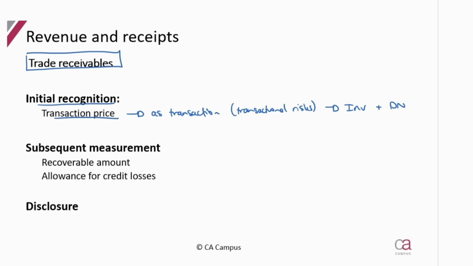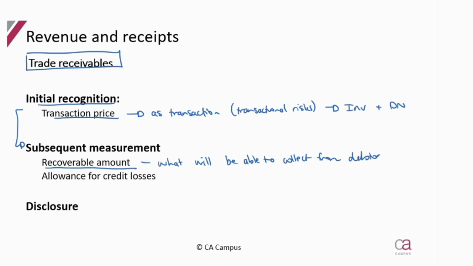But then IFRS says, okay, we have got subsequent measurements. It needs to be recorded at the recoverable amount in terms of subsequent measurements. So what you will be able to collect from the debtor, not what he owes, what you will be able to collect from them, to be prudent in your recording.